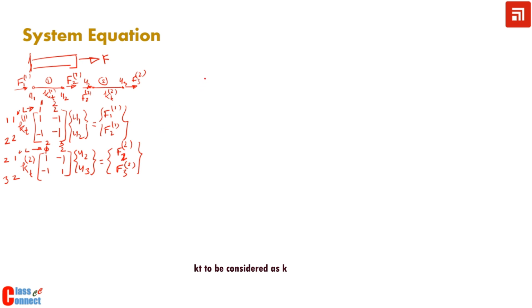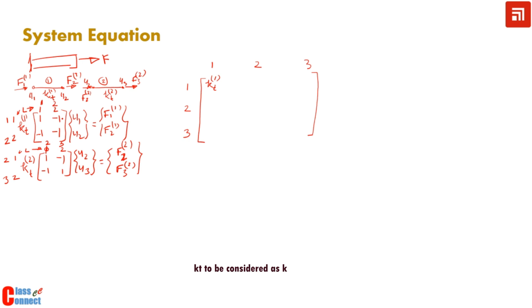To write down the assembled matrix, we should write global numbers 1, 2 and 3, and 1, 2 and 3. Now let us take each element. This term is k1 multiplied by 1, and this is local node number 1,1, which corresponds to global node number 1,1. So we will shift it here, k1.